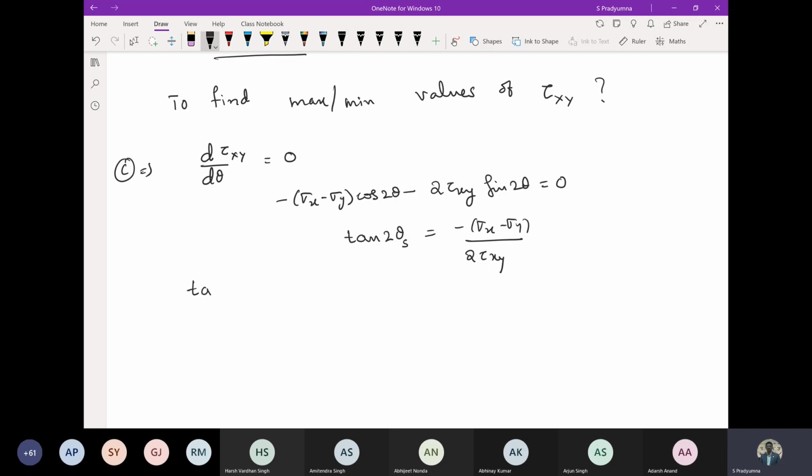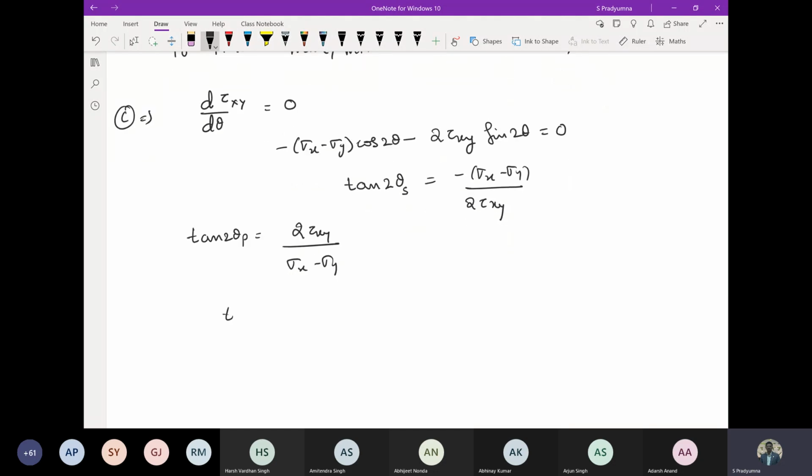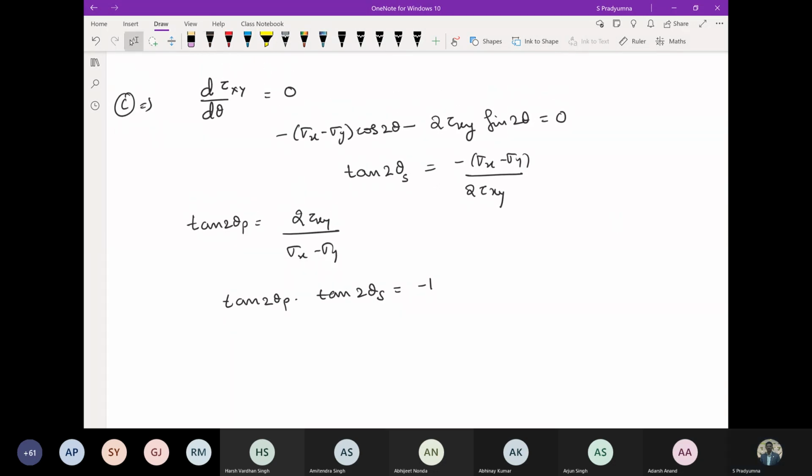If you recall that tan 2 theta p is equal to 2 tau xy divided by sigma x minus sigma y, we can conclude that if you take the product of tan 2 theta p into tan 2 theta s, we get minus 1. That means that 2 theta p is perpendicular to 2 theta s.